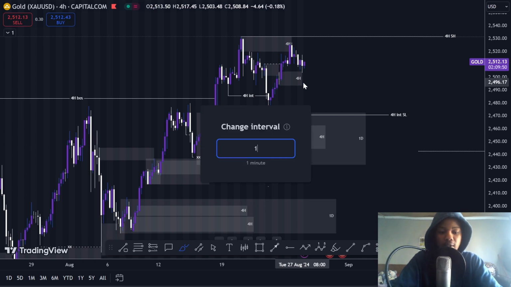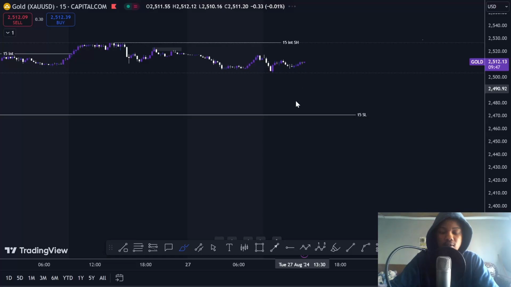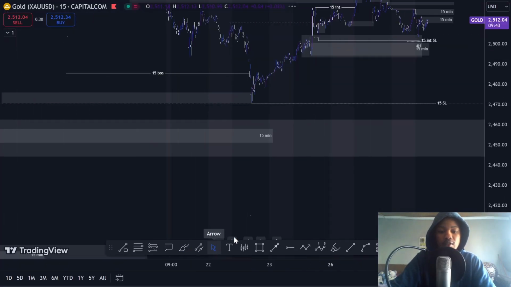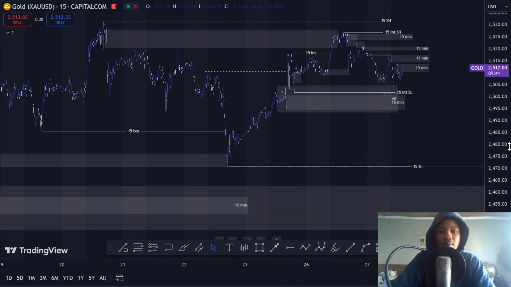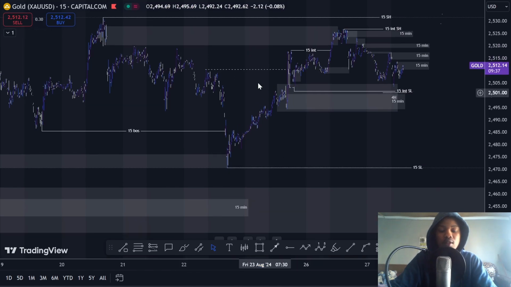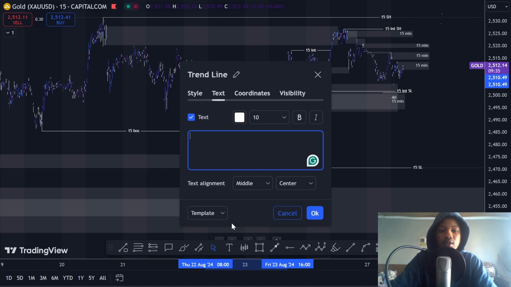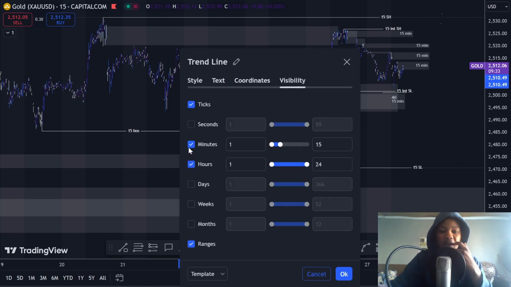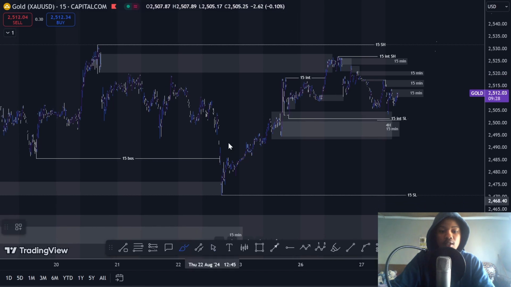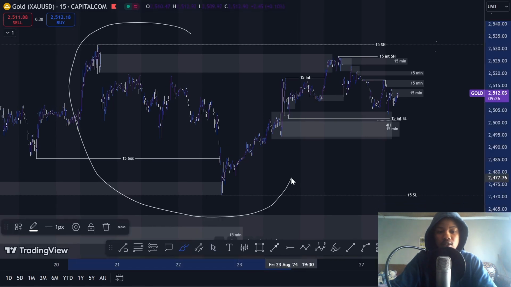What I mean by that is, if we come here to the 50-minute time frame, you'll see the 50-minute structure is going to the downside.